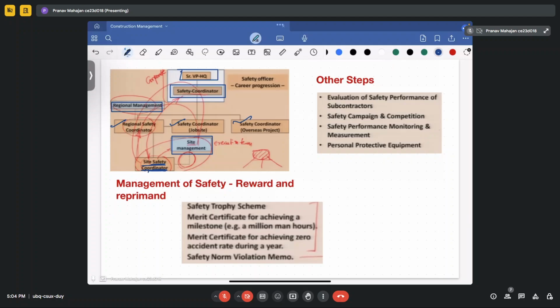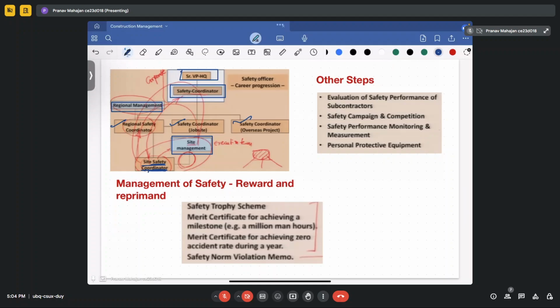At regular intervals, on a yearly basis, you give that particular team the trophy so that they get motivated and boosted about properly utilizing the safety guidelines provided to them. Another thing that will happen is that other teams will also get pushed to follow proper rules so that they will also win the trophy in the coming year.